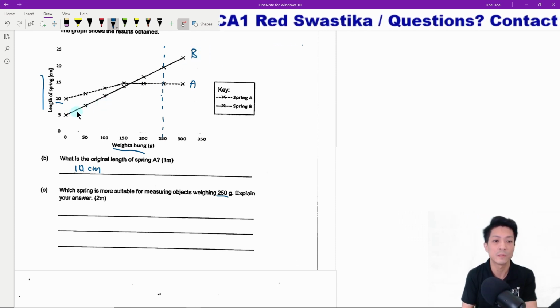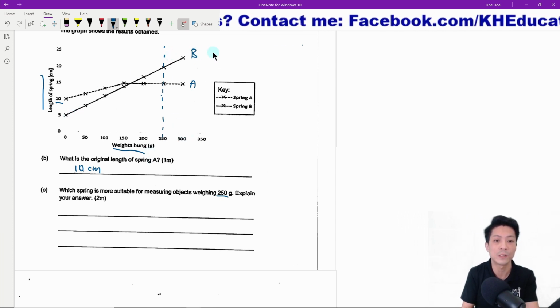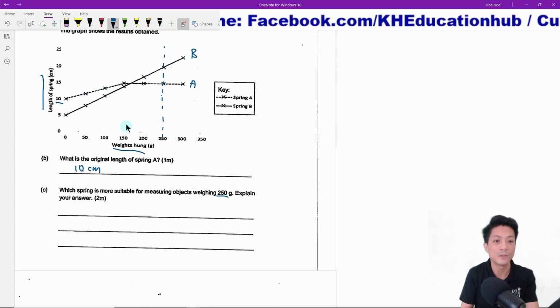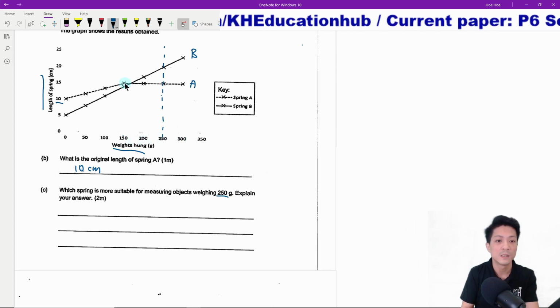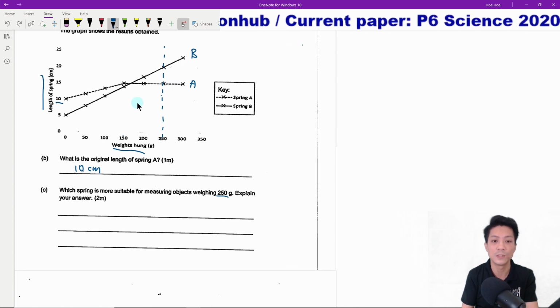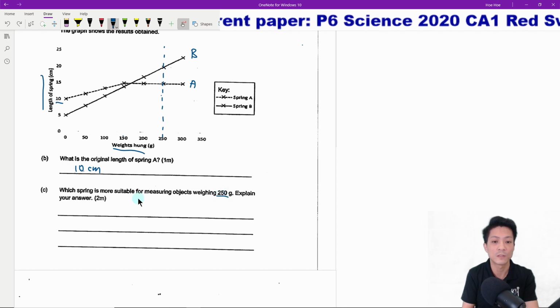It's because if you look at the length of spring B, as it increases past 250 grams into the 300 grams, the length of spring B still increases, but for spring A, the length only increases until 150 grams. Anything higher than 150 grams, the length of the spring does not increase anymore. So you can't really use spring A to measure an object that is 250 grams.